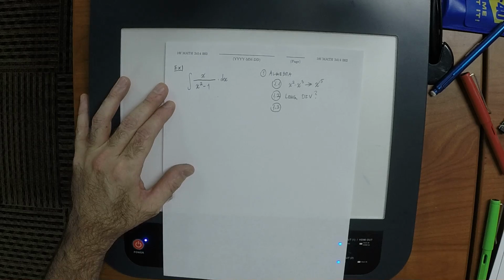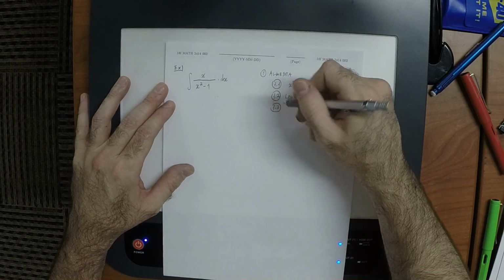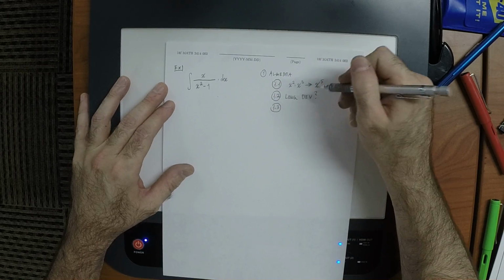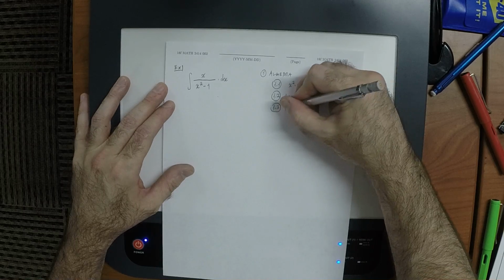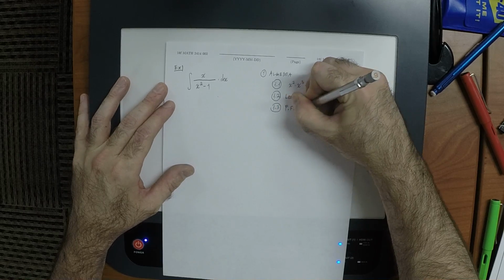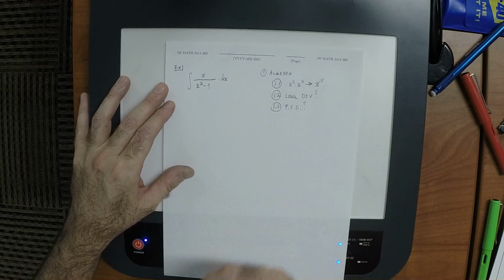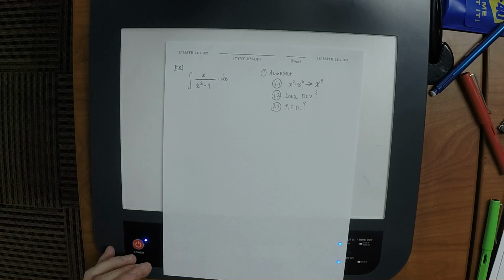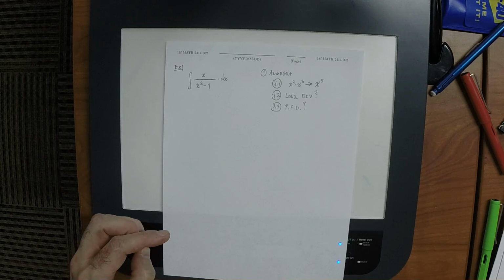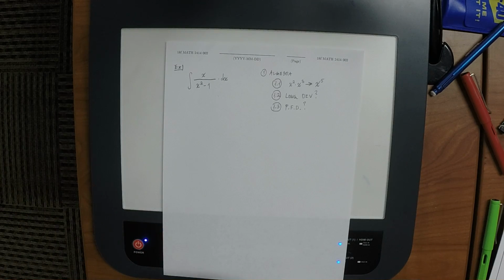Still with just algebraic things, no calculus consideration yet. Can we do a partial fraction decomposition? Could we do that? Here the answer is yes. We could perform a partial fraction decomposition. But, so I hope someone will say but. But what?